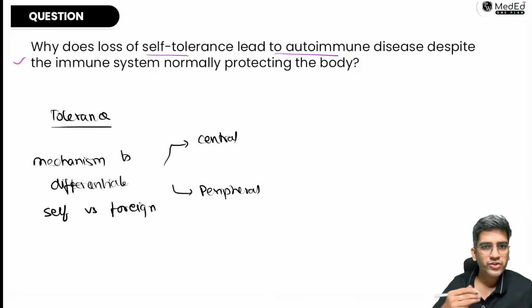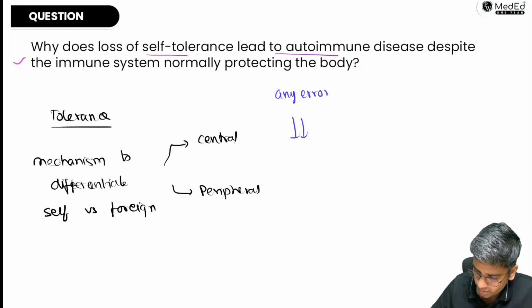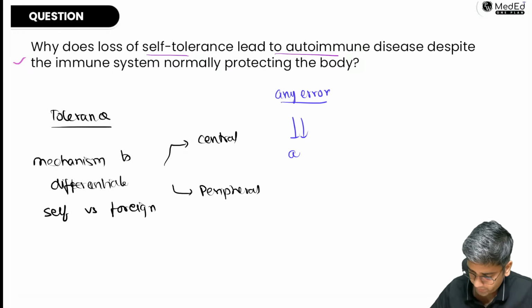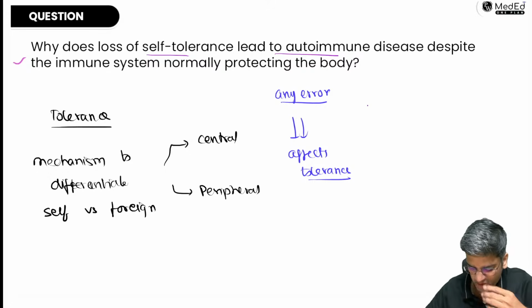Okay, so it's simple. Because of any errors which affect tolerance, for example, you know a few examples for sure.